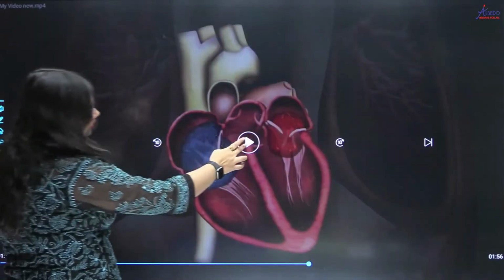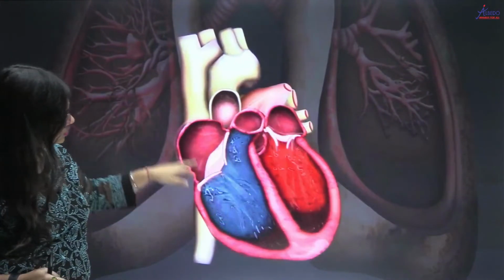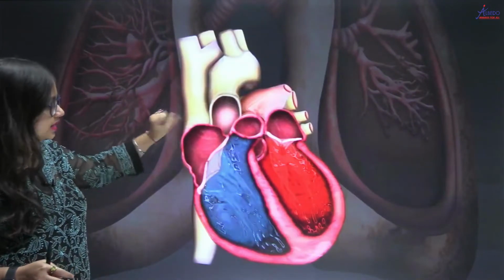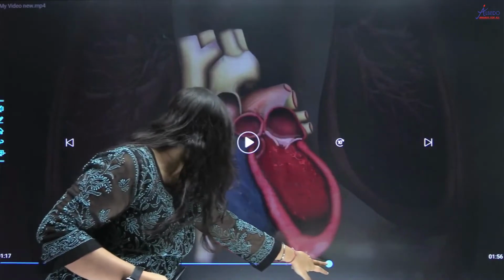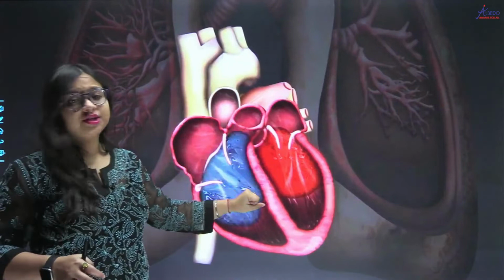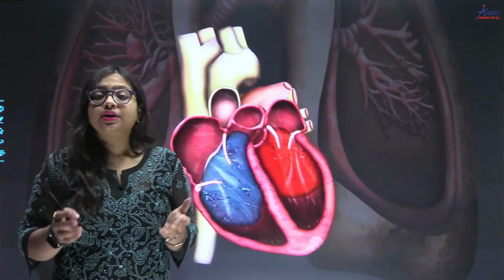So let us look forward, right? So see, all the blood now goes into the ventricle, and now the atria contracted, right? When the atria contracted, all the blood went to the ventricle. This is what is called atrial systole.